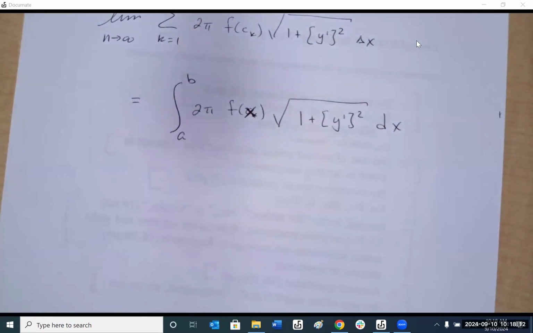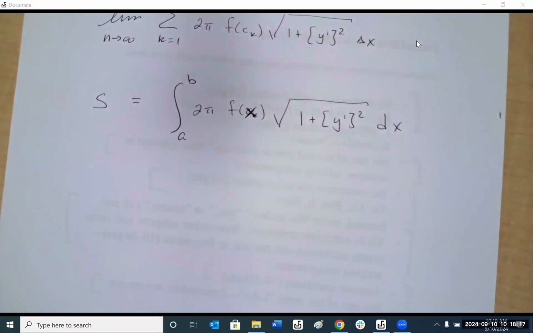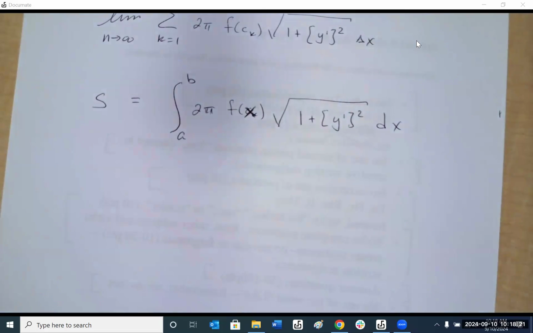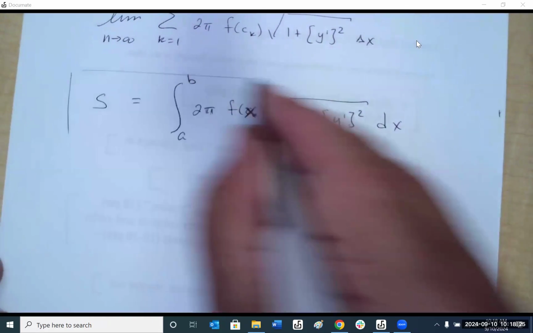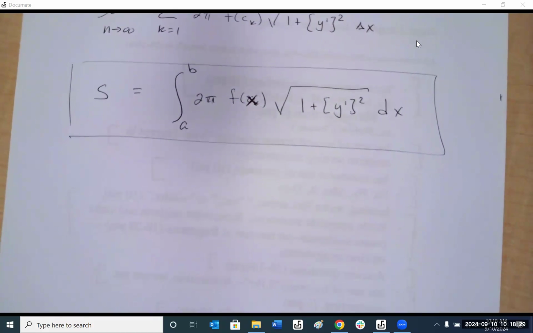Since we're only looking at the surface area, and since it's 2 pi, it's going to give us the entire surface area of the rotation. So this is the formula we'll be using from here on out.